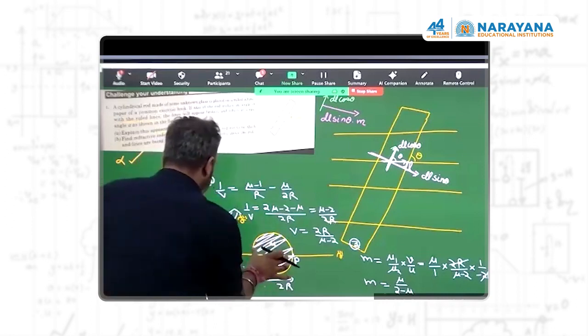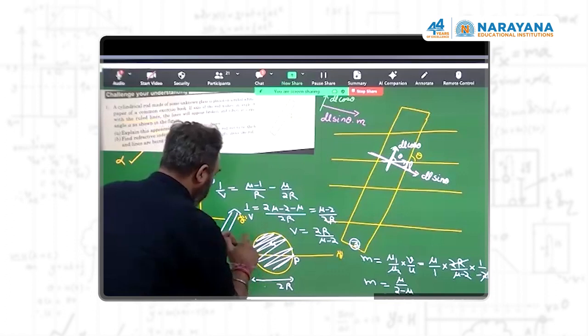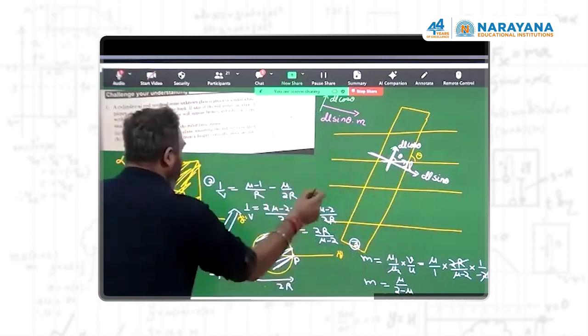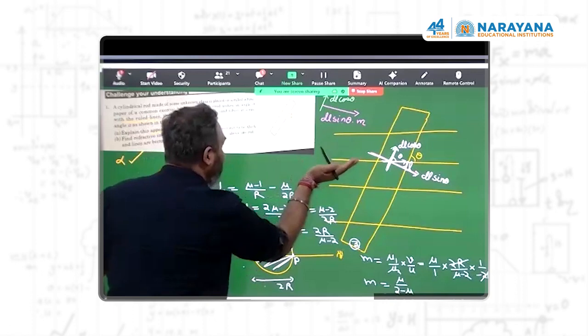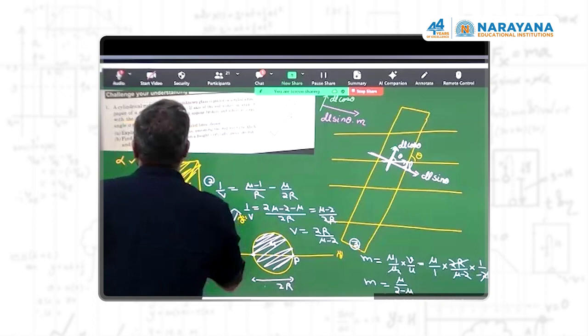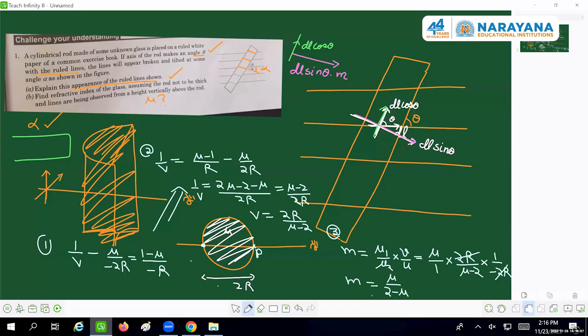The same approach for the second object, which is aligned like this. The only difference is that for the second alignment, the radius of curvature in that plane will actually be infinity. All the results being the same, I will just write it here. For dl cos theta considerations, it is mu2 upon v. I'm not substituting any value.